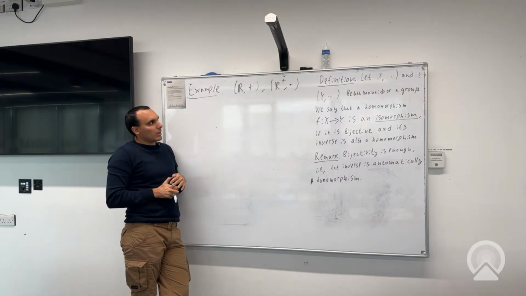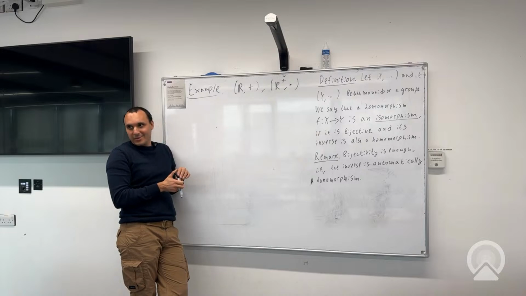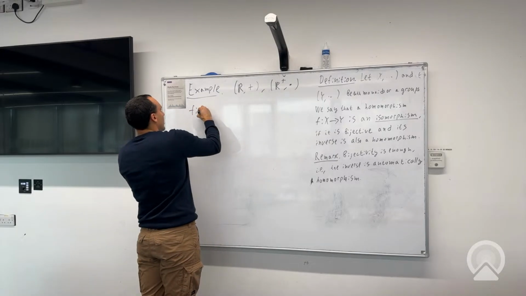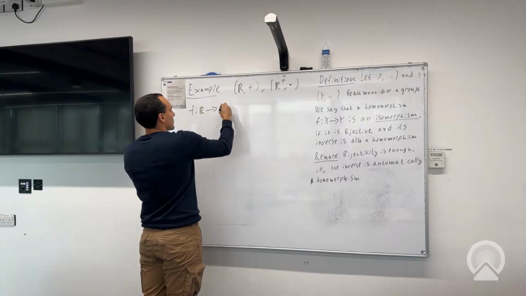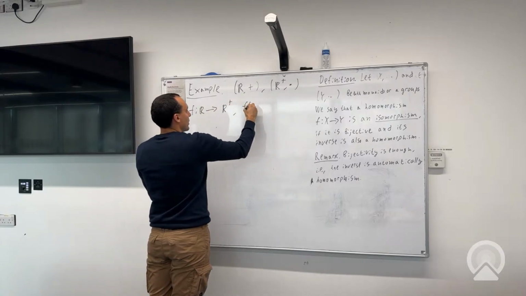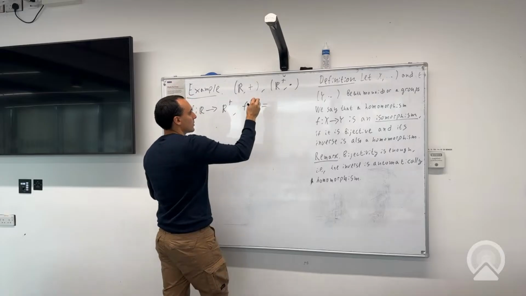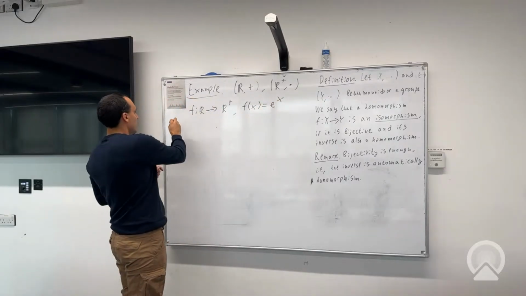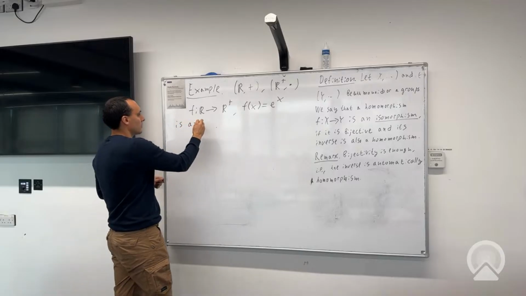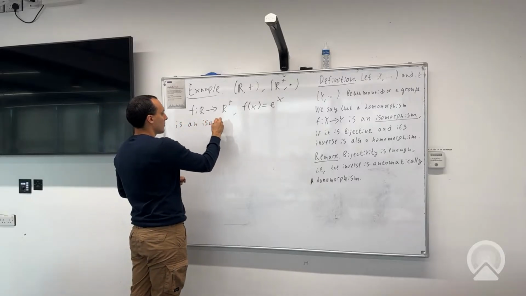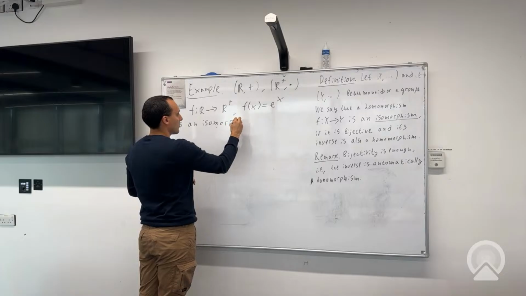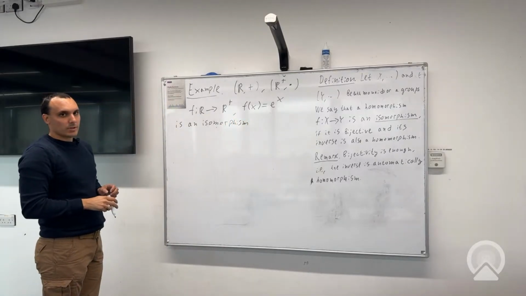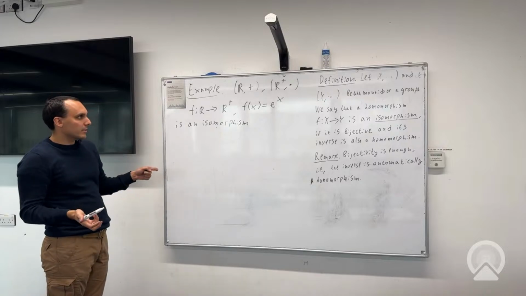I gave a similar example before, the exponent. So f from R with plus, f of x equals e to the power of x, is an isomorphism. And what is its inverse?